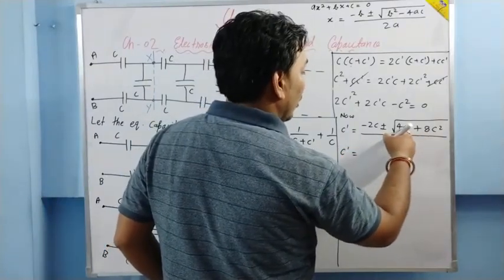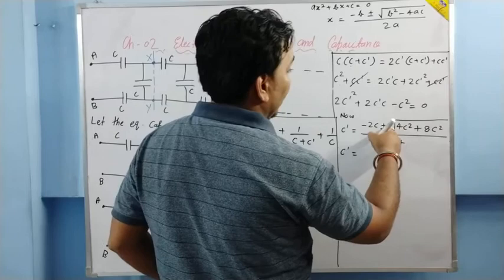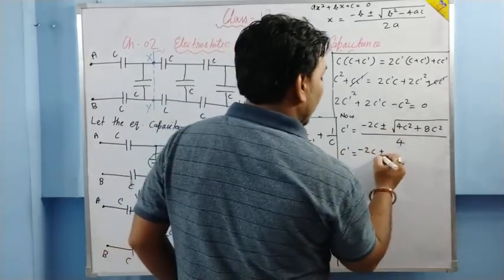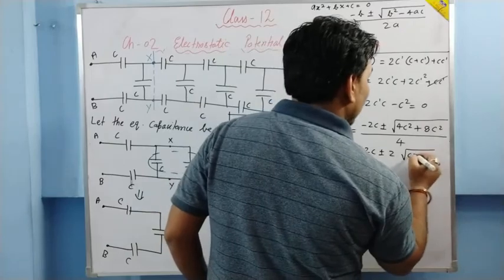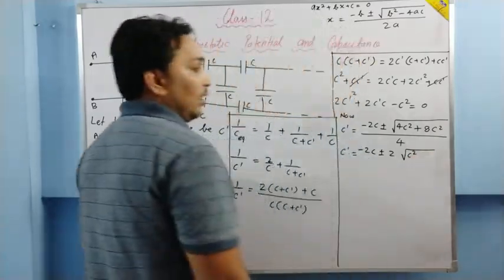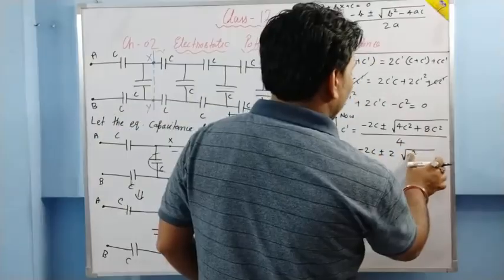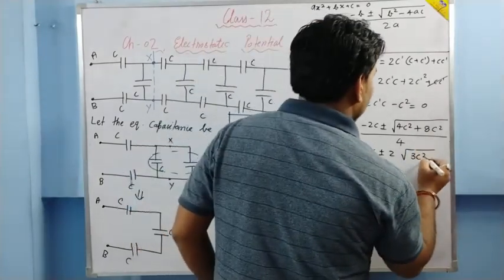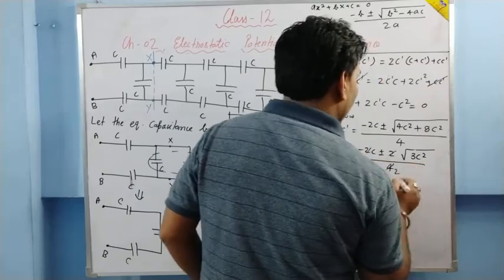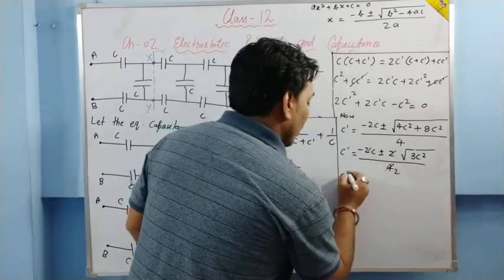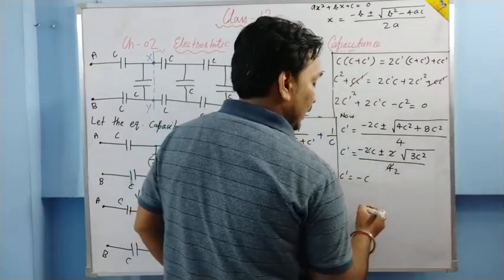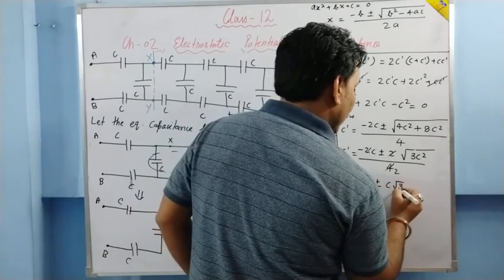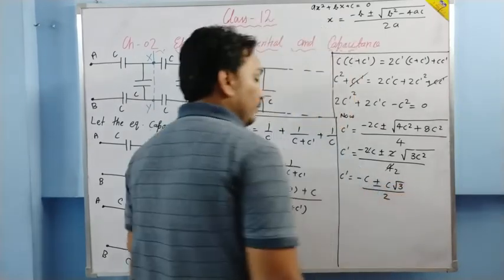We can take 4 common, but after the square root it will become 2 only. So we are going to have minus 2c plus minus 2 under root c square. If 4c square and 8c square are added, we will have 12c square, so basically it will be 3c square, upon 4. We are going to have C dash is equal to minus c plus minus c under root 3 upon 2.